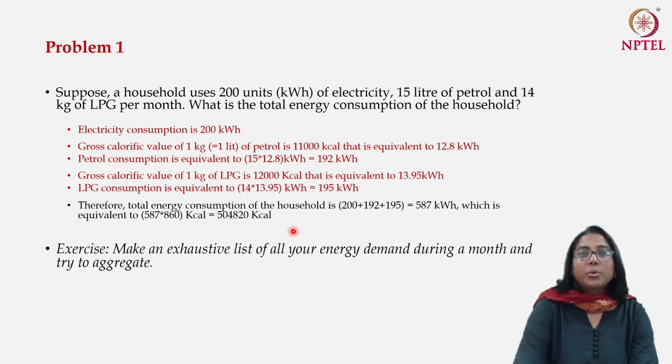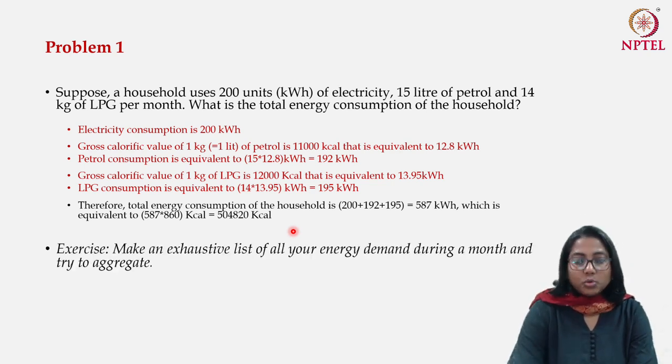Let me give you a quick exercise that you can do once we are done with the lecture, and these are the interesting things that can encourage you to do a lot more exercises like this. You make an exhaustive list of the different things that you do that require energy, and list down all kinds of energy that you need in a day or in a month.